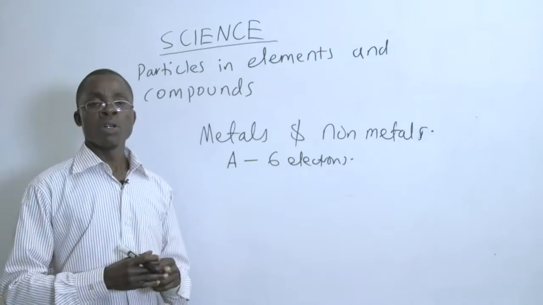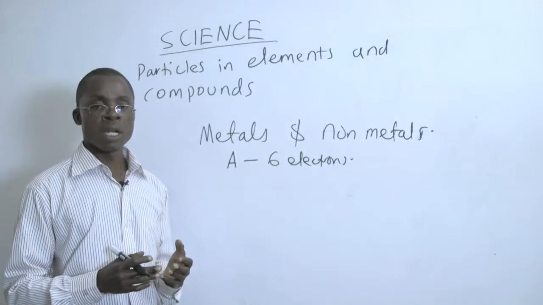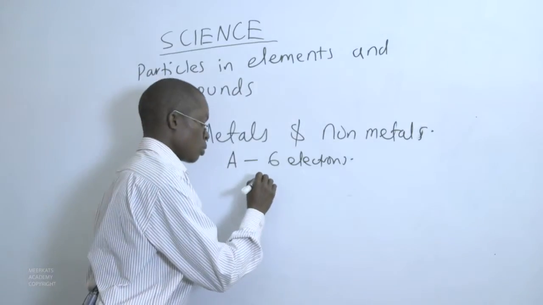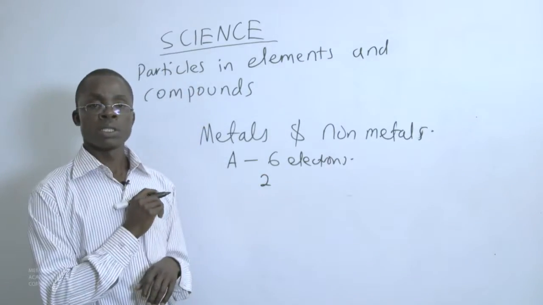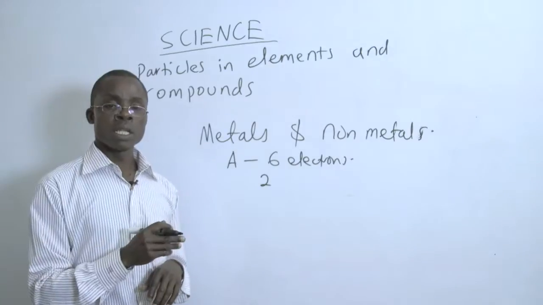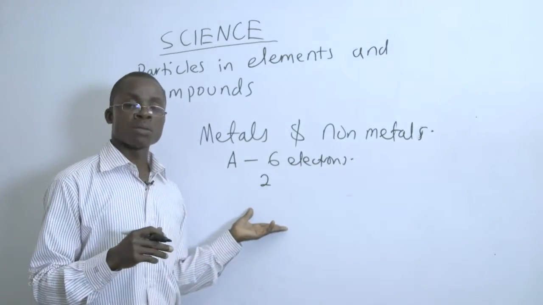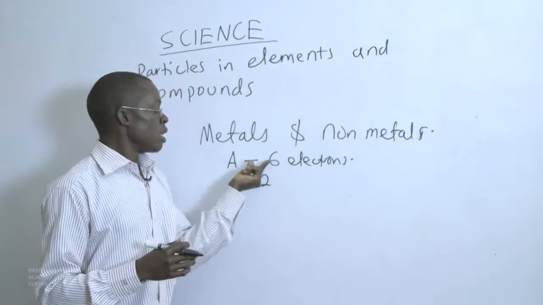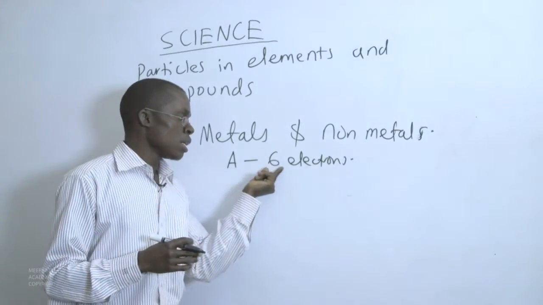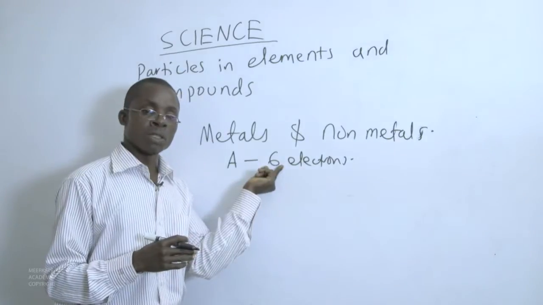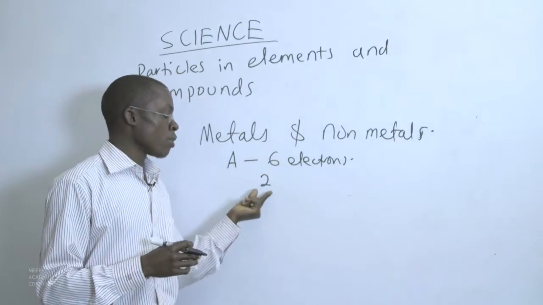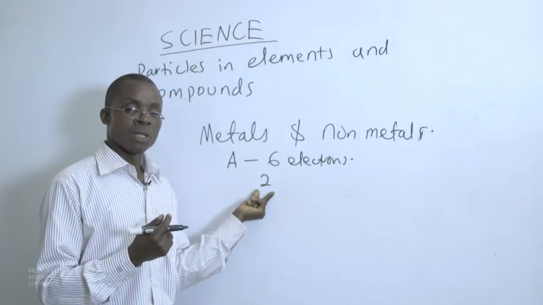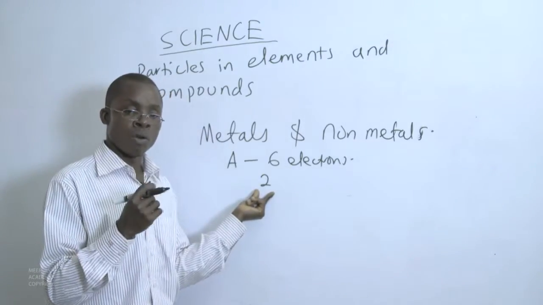We have to follow rules, and the rules are: the first energy level carries 2 electrons. The second energy level can carry a maximum of 8. But out of what we have been given, this element A is having 6 electrons. So out of the 6, we have already taken out 2. How many are we remaining with? 4.